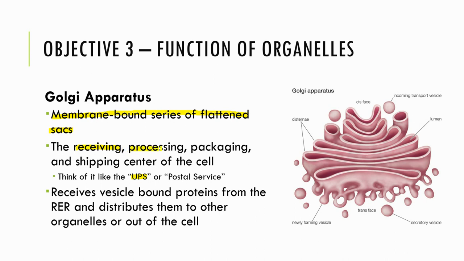It processes those proteins, tags them, it packages them up into these little vesicles, okay, and then it's going to ship it off wherever it needs to go in the cell. So it's like a postal service or the UPS. So it receives those proteins from the ER, and then it's going to package, process, and distribute them to wherever it needs to go.